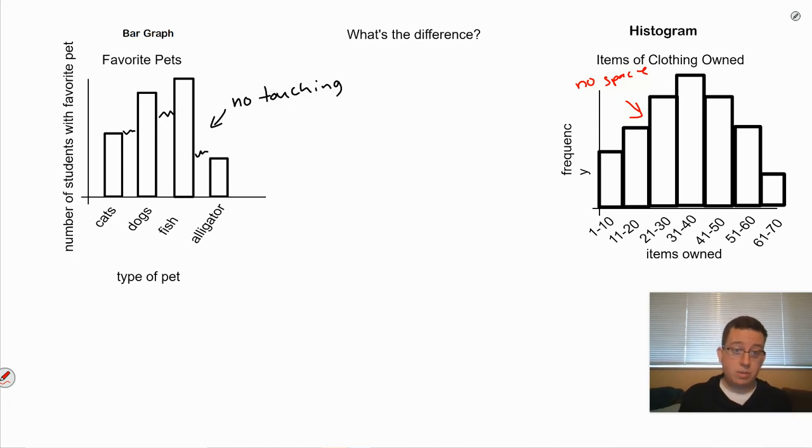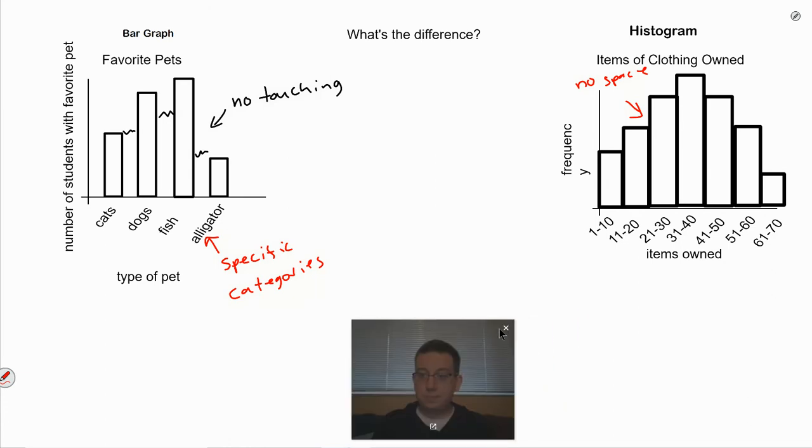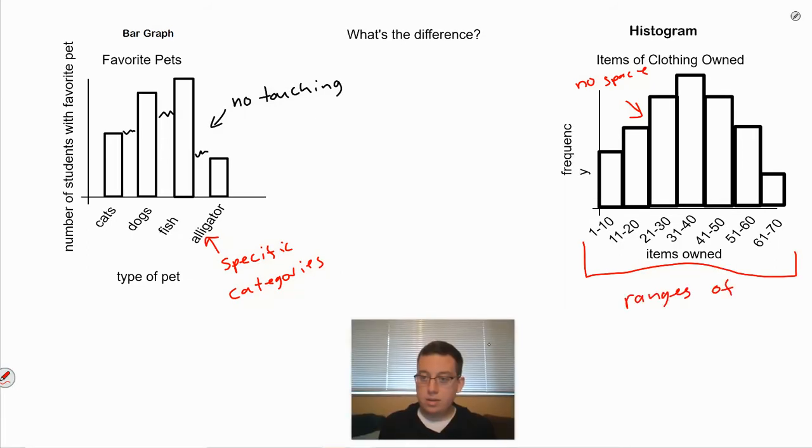Difference number two is that bar graphs have specific categories. And histograms have ranges of responses.